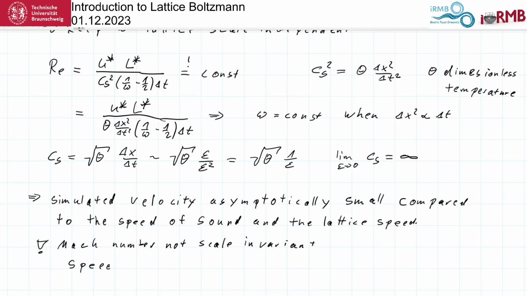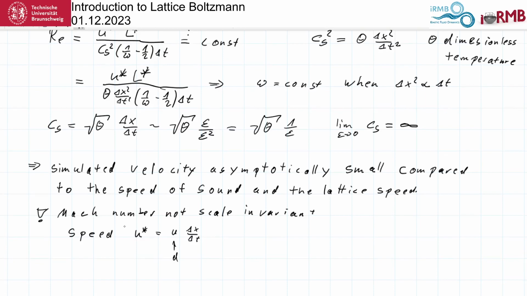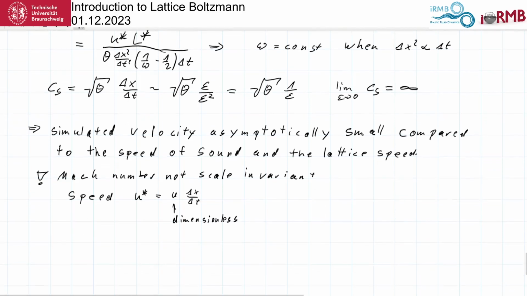So our speed u star is u delta x by delta t. So this u here is our dimensionless velocity. This means that there's an interesting thing about our solution. What does it mean for our solution?